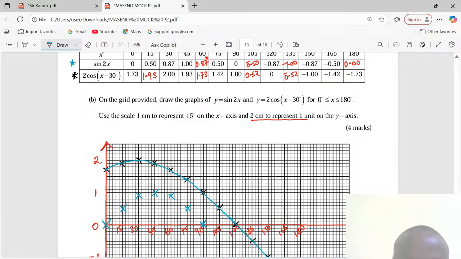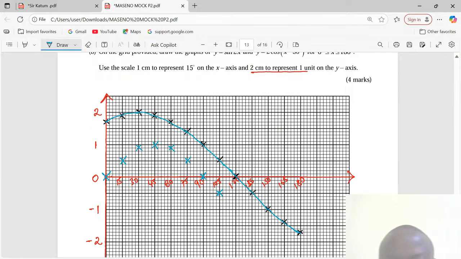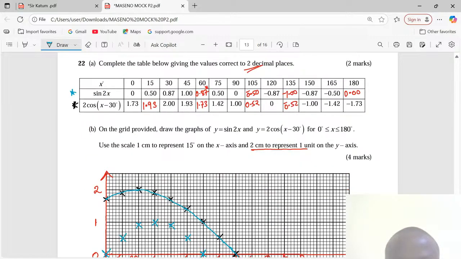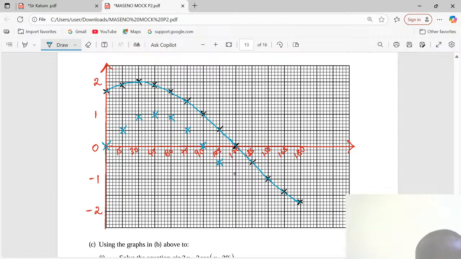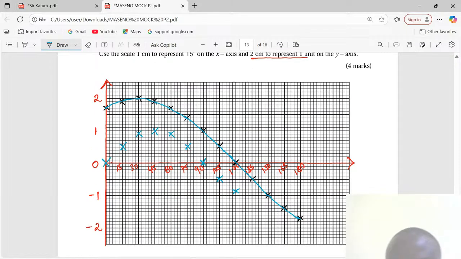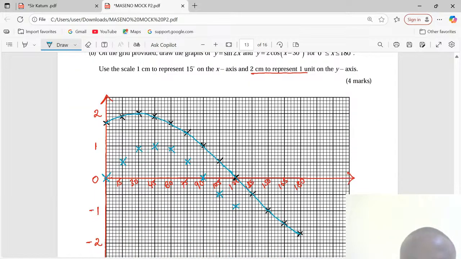105, negative 0.5. 120, negative 0.9. 135, negative 1.